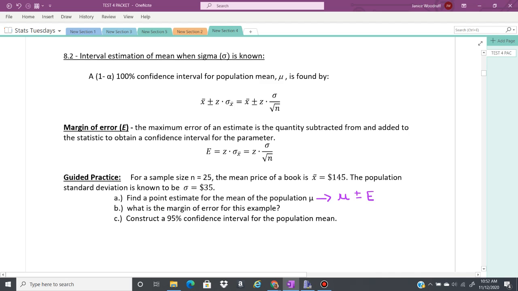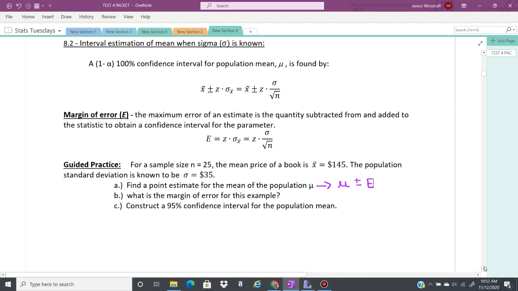To find A, we have to actually find B first, and then we do our confidence interval. Margin of error is given by the Z value times the standard deviation of the sample. So let's find the standard deviation of the sample.